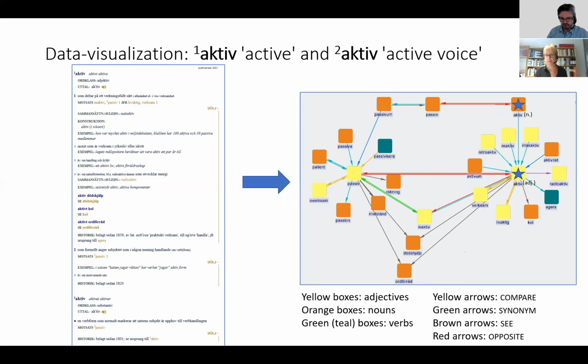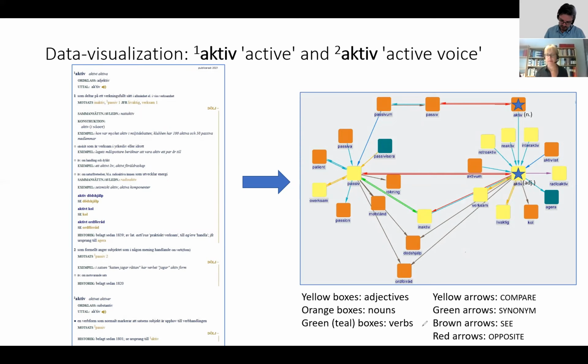And we have different boxes. First of all, we have the dictionary entries for 1 active here and 2 active here. And we also have a number of boxes. So yellow boxes in this right side figure indicate adjectives, and orange boxes indicate nouns, and green boxes indicate verbs.